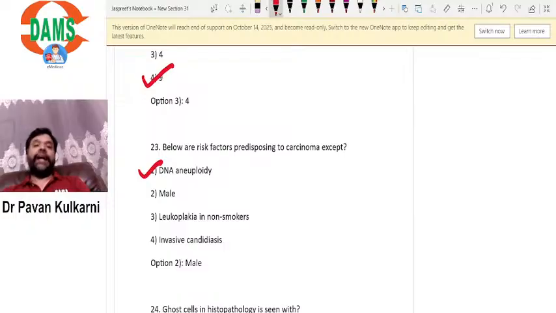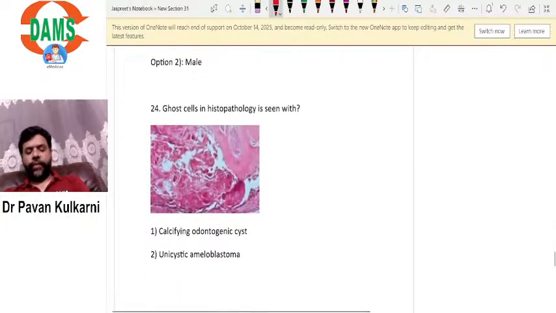What is the name of the carcinogen that candidiasis produces? N-nitroso-benzyl methylamine. So by this we can say that the correct answer here is, let me write it down, male. So gender has nothing to do with predisposing factors.